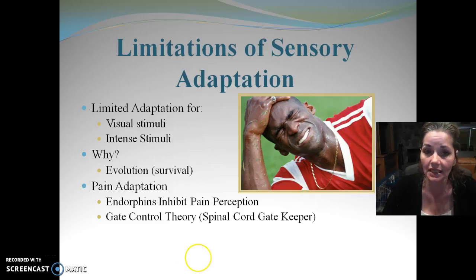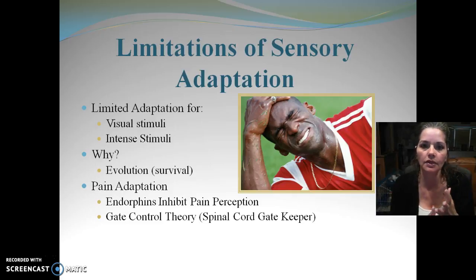And then another theory is the gate control theory, which suggests that our spinal cord serves as somewhat of a gatekeeper, and it determines what sensations it allows to go through to the brain to be processed as pain. And so there are some things that we can do to close those gates or open those gates. Like if you've ever had a cut on your finger, you might be able to squeeze your finger or rub your hand, and that essentially helps to numb or dull the pain that you're experiencing in your finger.